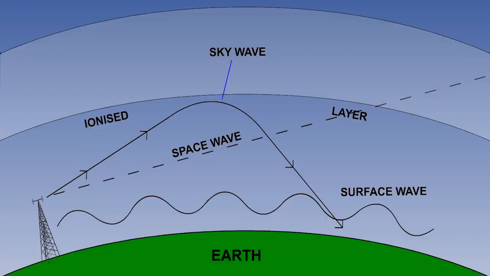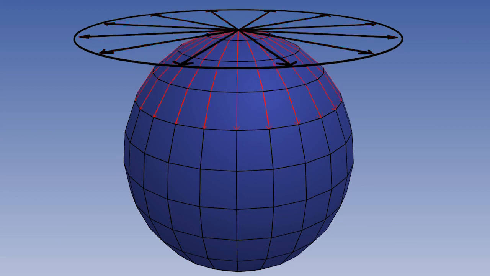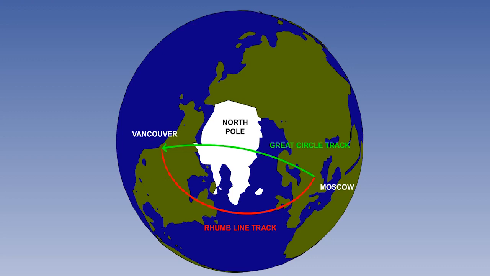Let's sum this up. When propagated round the Earth, radio waves can change their vertical direction in space, but not their lateral direction. This means that, when refracted round the Earth, radio waves follow great circle paths. A rhumb line can also be plotted, but it is not the radio path.